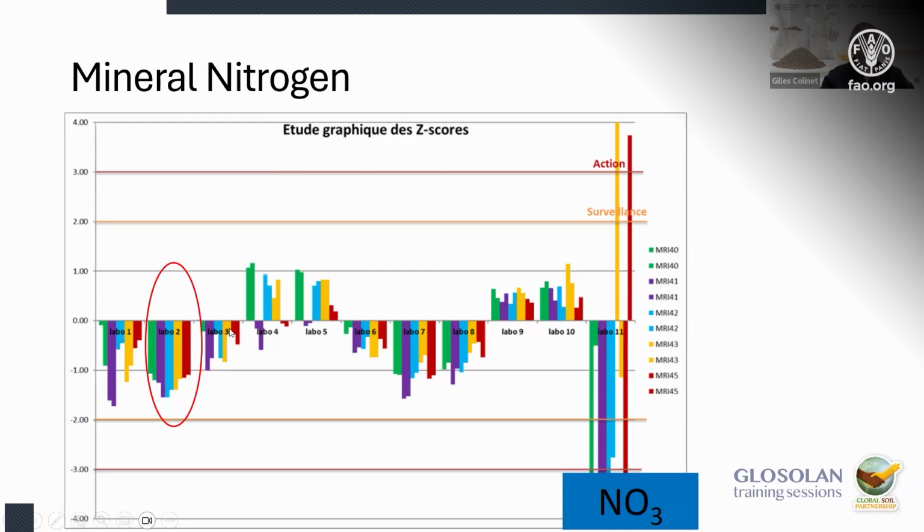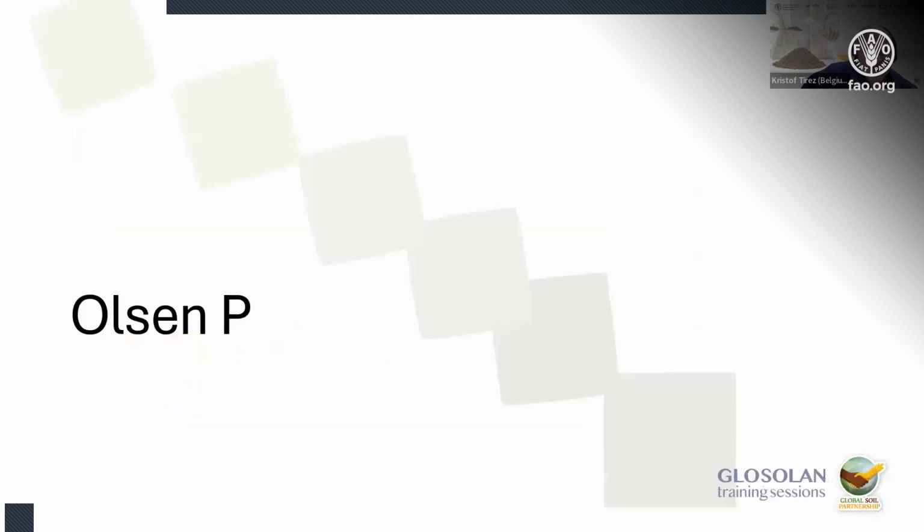And so, yeah, with this graph, as you can see, we control our nitrate performance, and it's correct. It's better now that we have this automated sampling, automated analyzer. Okay, I will make a first stop here.